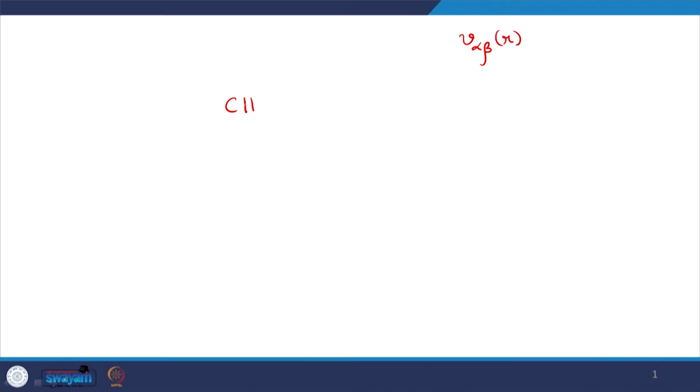Just for the sake of an example, I want to think of a system of ethanol. So let's say you have ethanol in the liquid form present, or it can be a gas form as well, doesn't really matter. So ethanol has the formula C2H5OH, which can be written as CH3 CH2 OH.